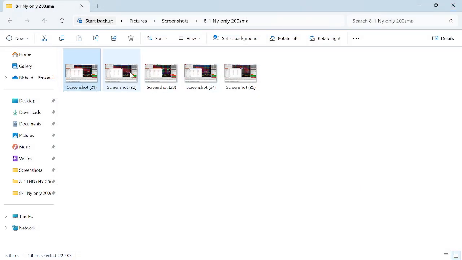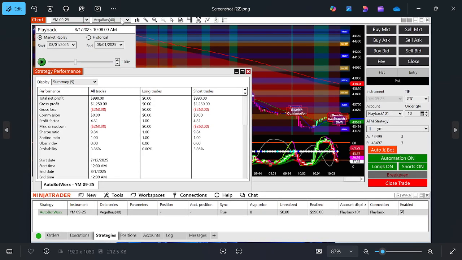Okay, so let's go on to the next one on the 40 Vega bars. And again, the 40 cut our max drawdown in half. We still hit our daily profit, and our gross loss was no more than the max drawdown. So that worked out really good. The profit factor's through the roof, almost at a 5, and that's fantastic. 3.86, which means a very high win rate day on the 40 Vega bars.